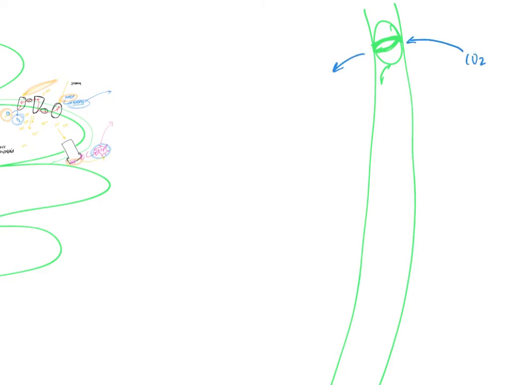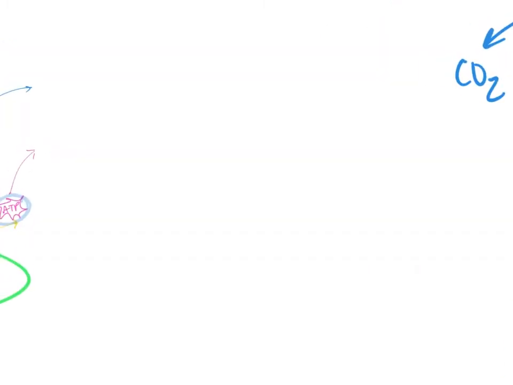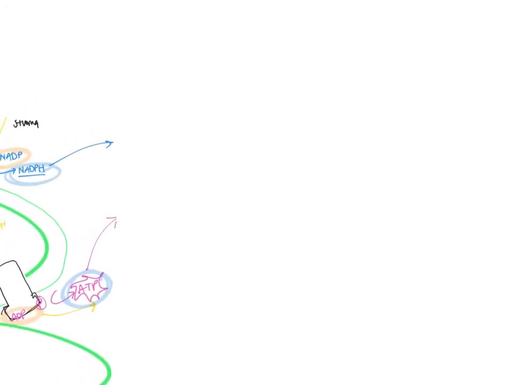They open up, and it allows carbon dioxide to come in. It also allows oxygen to leave. That's just something that plants have. They have these stomata, if you watch the video with Joy and Shauna. We are going to take advantage of this stomata that allows carbon dioxide in, and that's going to be our first reactant in the Calvin cycle. So now we can zoom in, sorry about that.